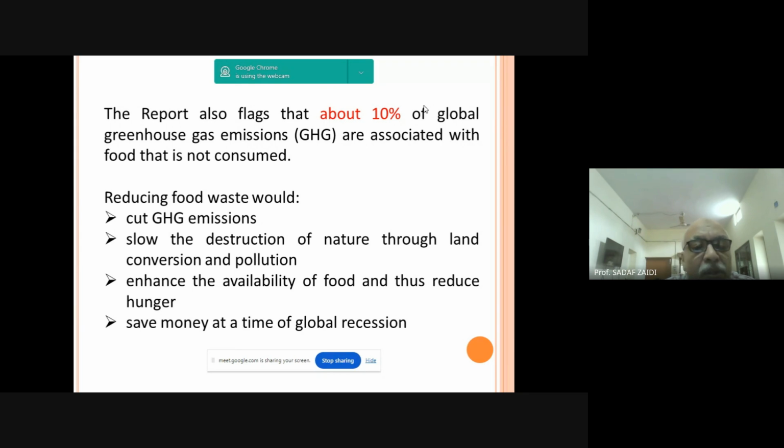So yes, these will be the benefits that will accrue if you reduce food waste. These will be the direct benefits for our earth, for the sustainability of this earth, for the future of our coming generations. Okay. So it's very necessary that we should take this into consideration.